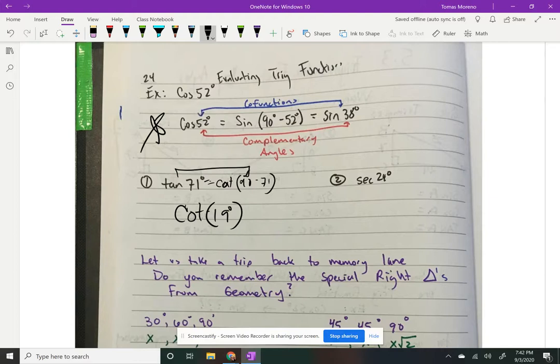That's it. And we're done. So right here, the cofunction of secant is cosecant. And that one would be 90 minus 24. So cosecant of, let's see, 66.